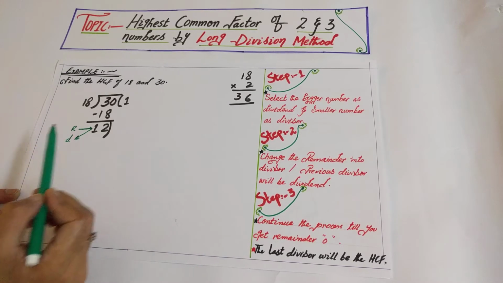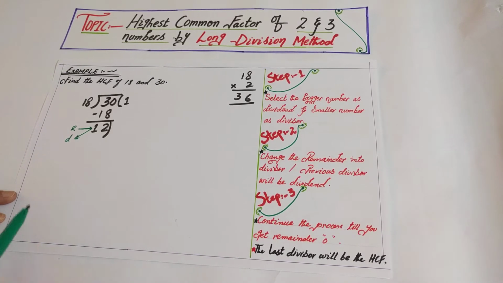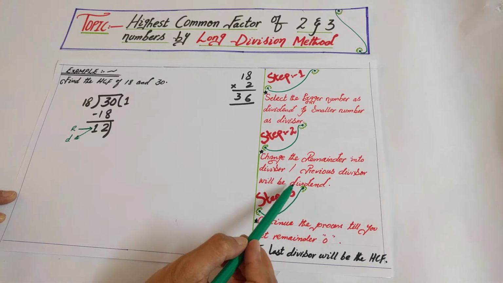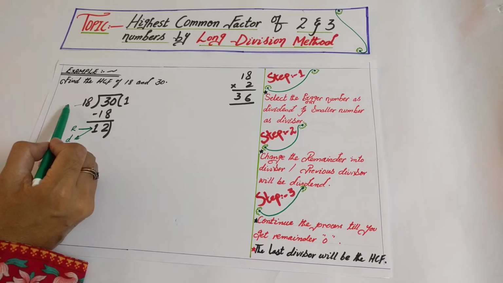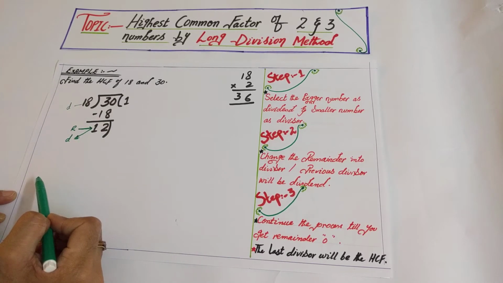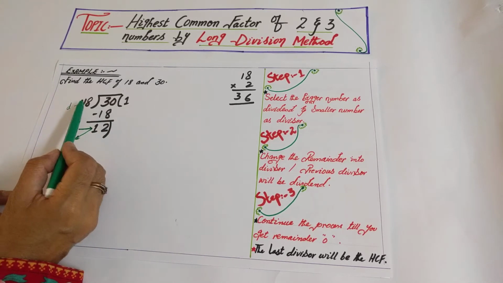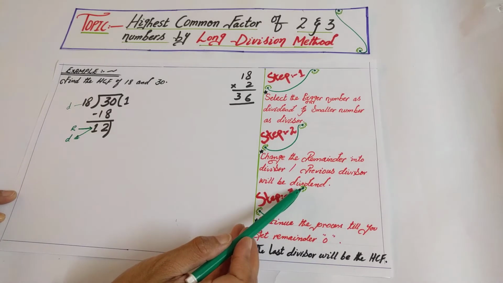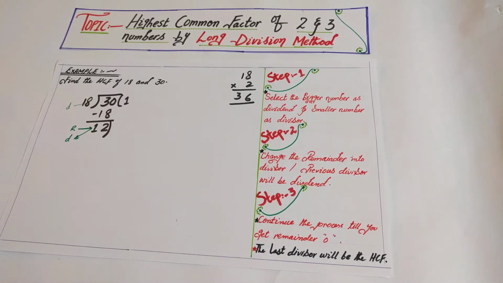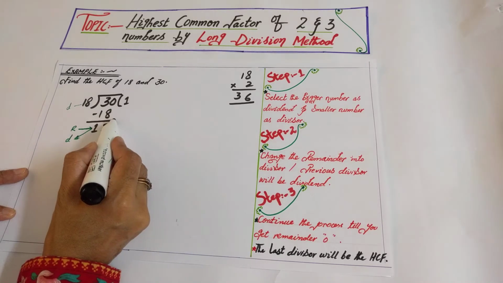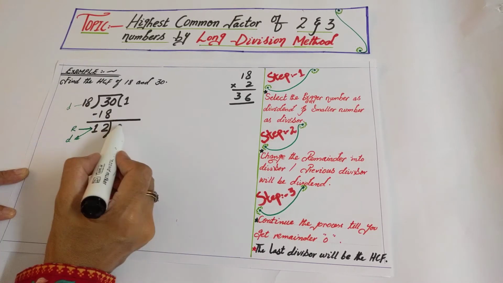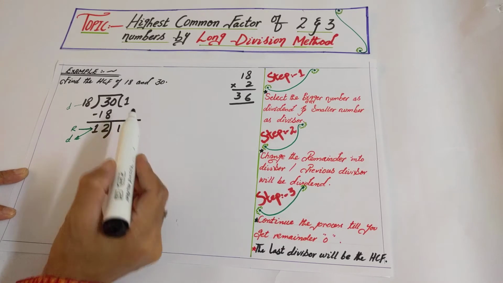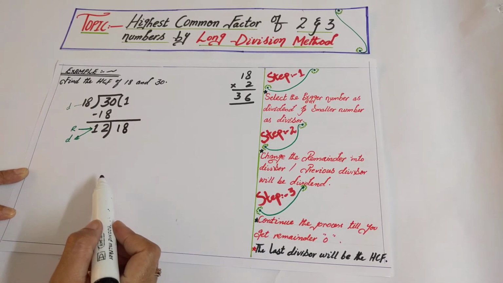Now 12 is our divisor, and the previous divisor will be the dividend. This one was the previous divisor, and this divisor will be converted into dividend. So the dividend is inside the long division sign. We will make the long division sign. Previous divisor will be the dividend.